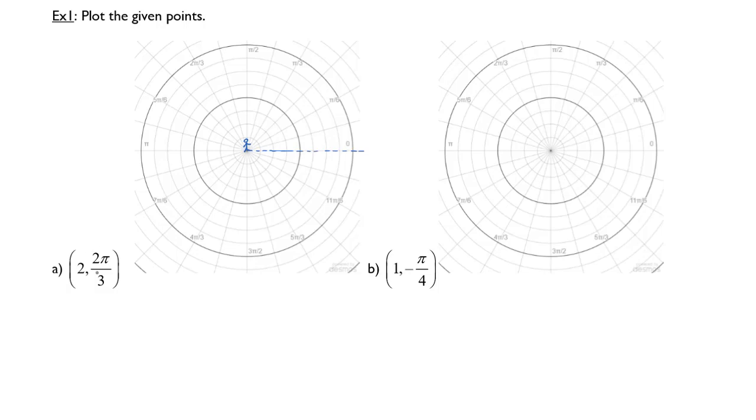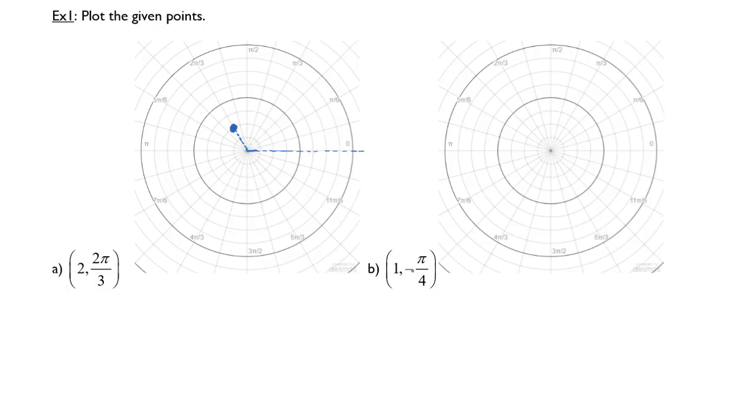Now we are asked to turn through an angle of 2 pi over 3, which is now this direction. And then we're asked to walk out 2 units. So the point is about here.